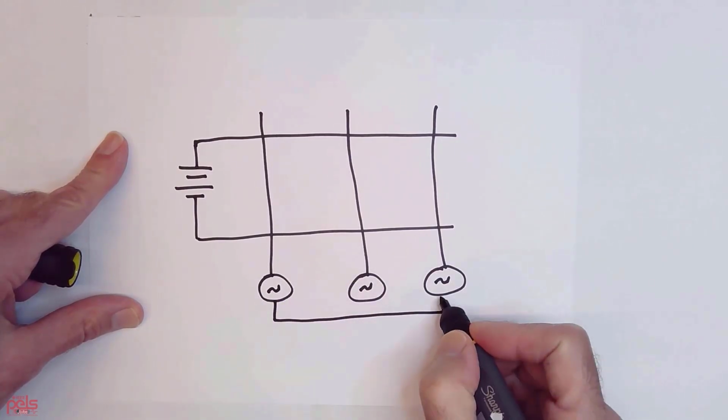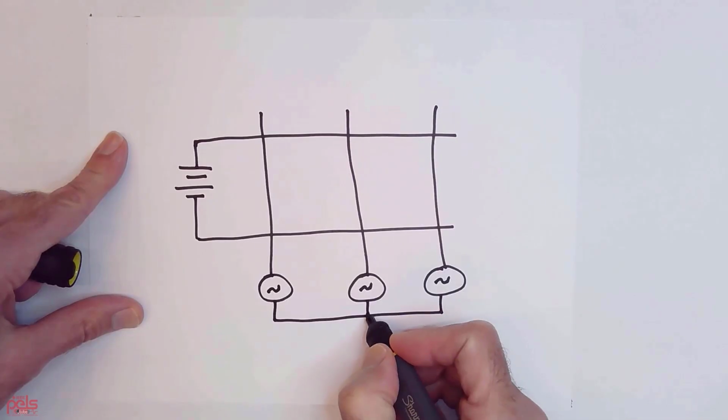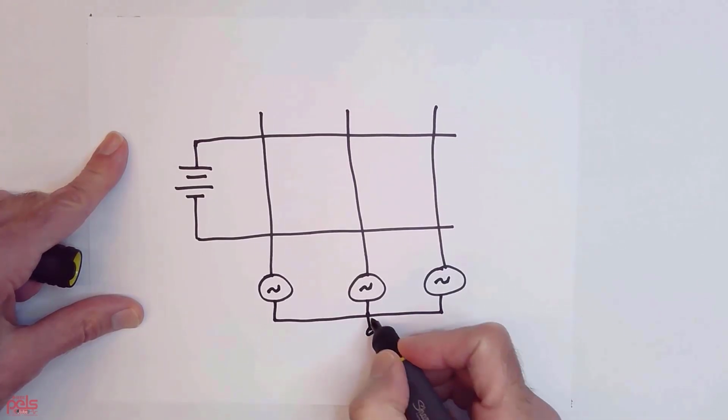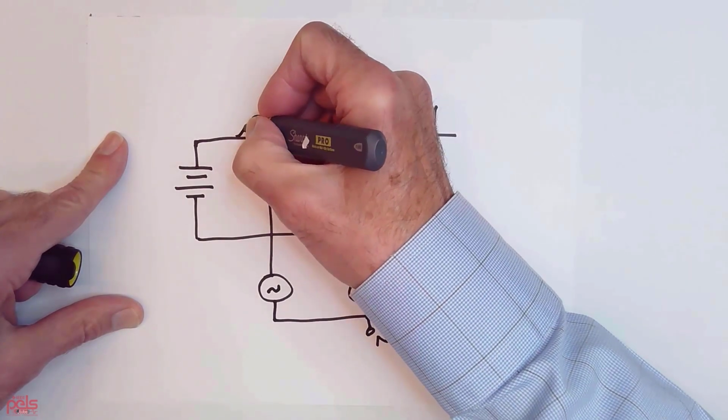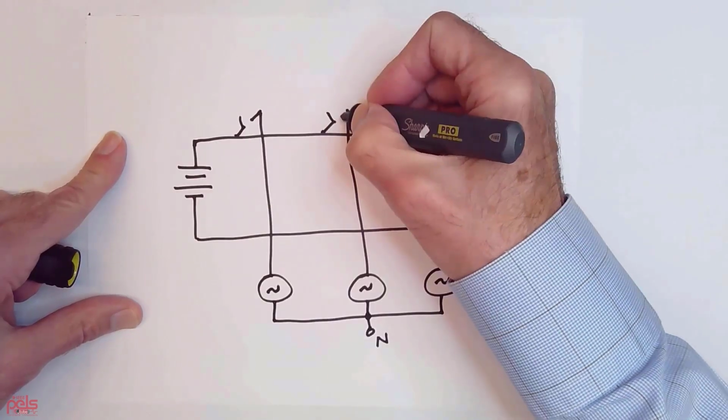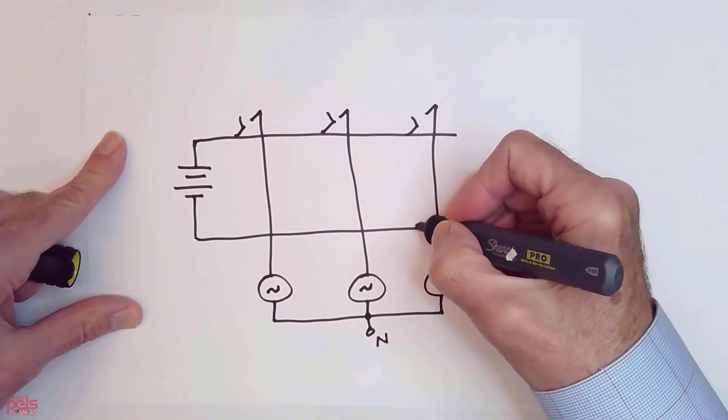And in this case, I'm going to show a common neutral connection just for completeness, right? So I have 6 devices here.